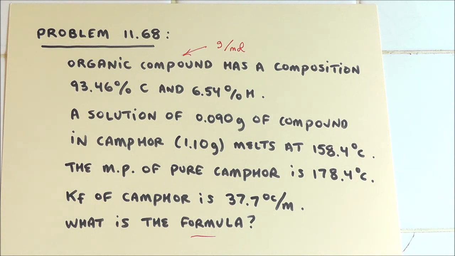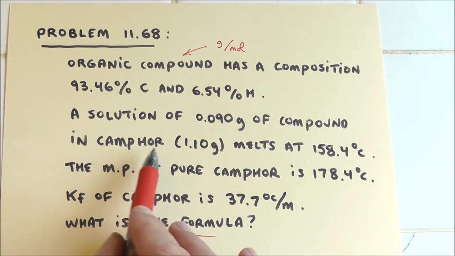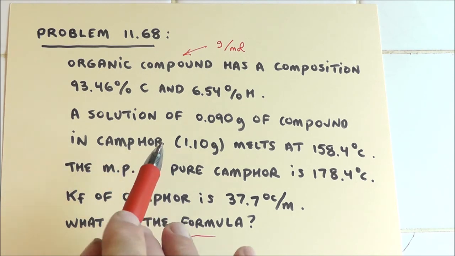And so we have this compound that's organic. Now that usually means it's non-polar because it's carbon based, and it has a composition of that much carbon and that much hydrogen. And we dissolved 0.090 grams of the compound in camphor, which by the way is another organic substance which is mostly carbon, hydrogen, just got one oxygen.